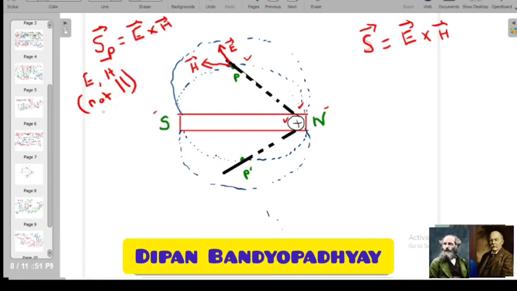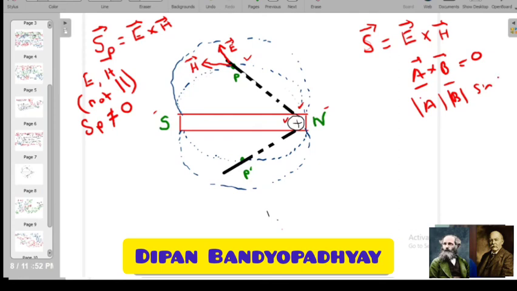If they are not parallel, that means SP will be finite, non-zero. Why? If we have two vectors, A cross B, it will be 0 only when these two are parallel to each other. You know that A cross B can be written as mod A mod B sine theta. And if theta is 0, they are parallel to each other. When the two vectors are parallel, their angle is 0. Then only this cross product can be 0.